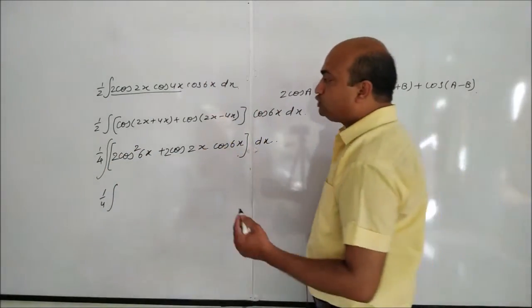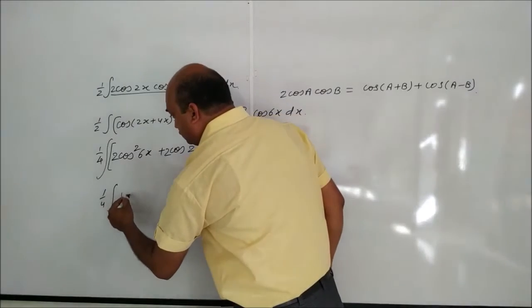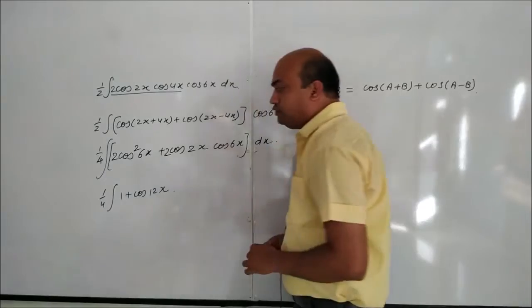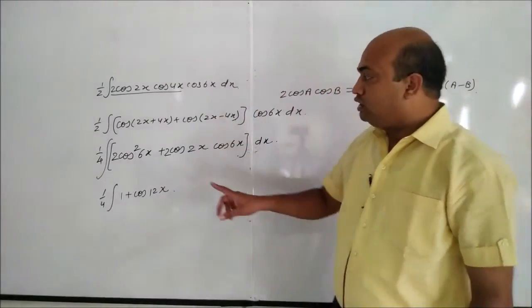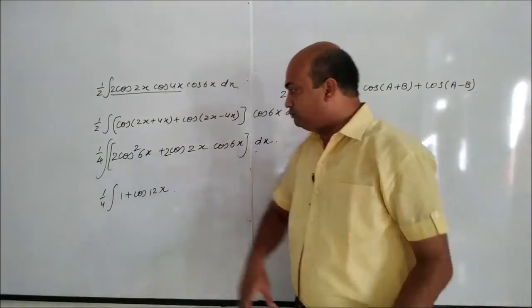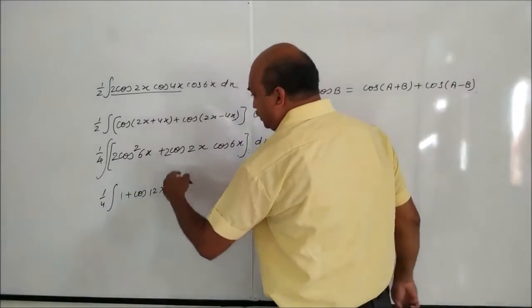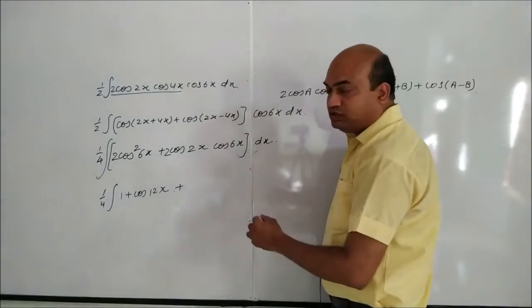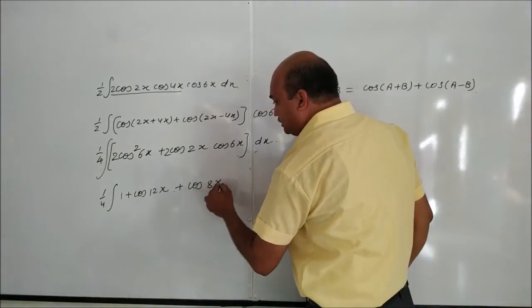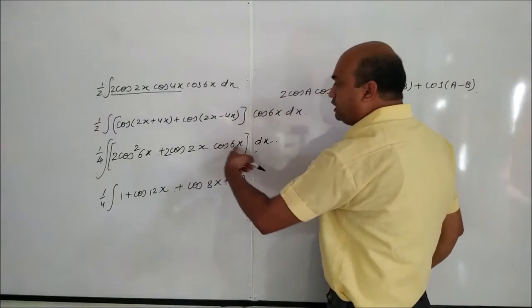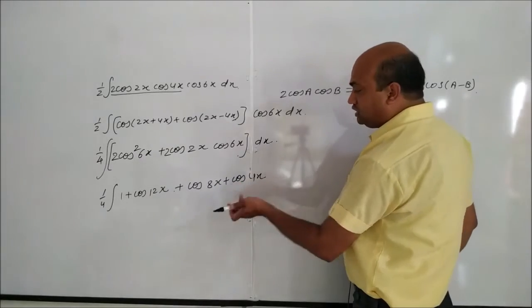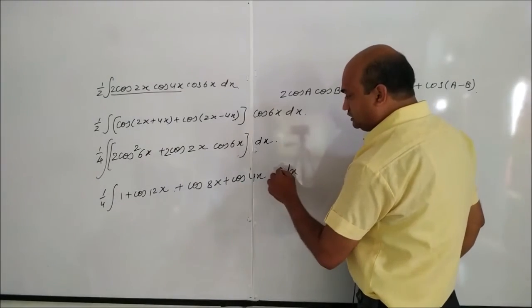The value of 2 cos square 6x is 1 plus cos 12x. Okay, 1 plus cos 12x, because 1 plus cos 2 theta is 2 cos square theta, plus here we apply 2 cos a cos b only, that will be cos a plus b, that is 8x, plus cos a minus b, that will be minus 4x, but cos of minus theta is cos theta only, dx.